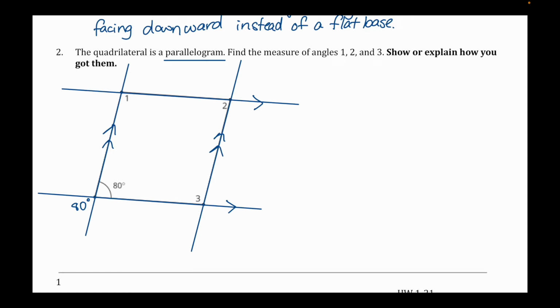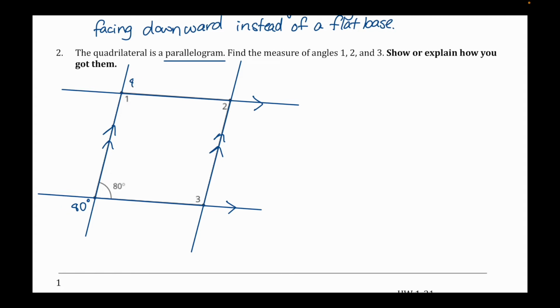So this 80 degrees is also going to go in the top corner here as 80 degrees because that's a corresponding angle. It is also going to correspond with this angle over next to 1, 2, and 3, so many different places. But that basically is going to allow it to travel all around this shape.